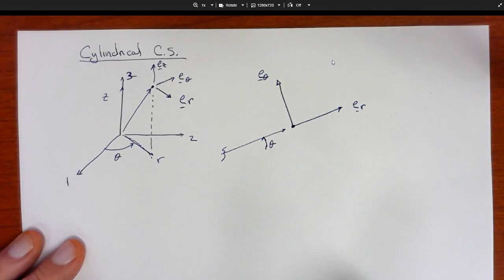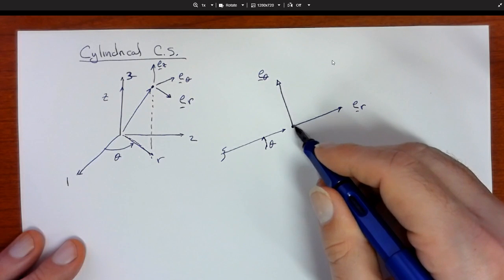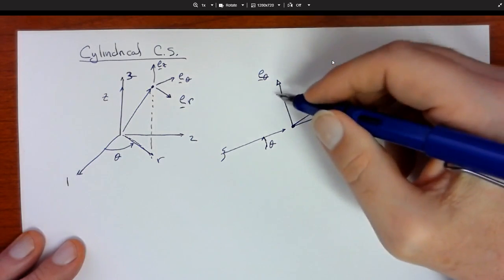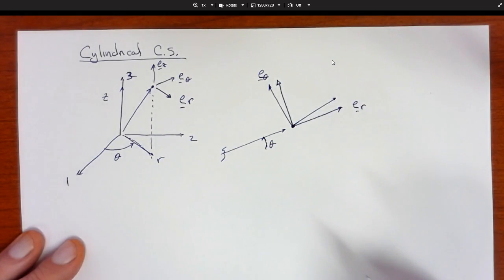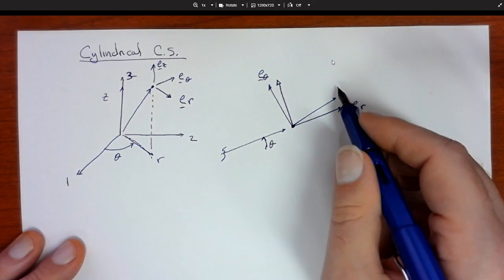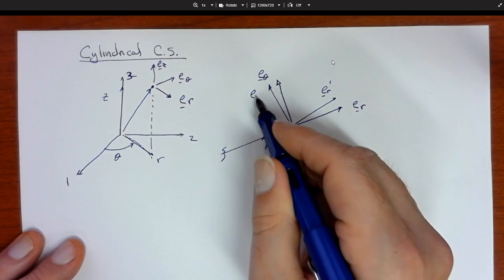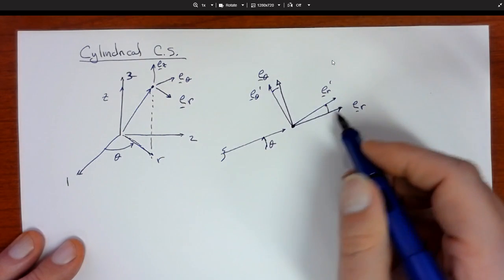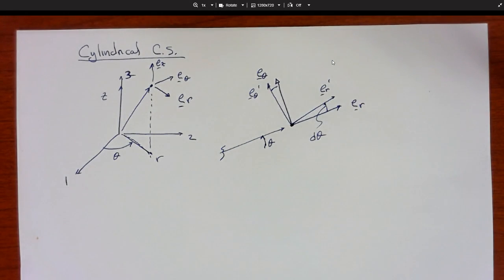If we were to change theta a little bit by some amount, d theta, these unit vectors would rotate. Obviously, they're still going to stay straight, but they're going to rotate. So this is going to be like ER prime and E theta prime. They perturb a little bit, and this angle change here we're going to call d theta, taking d theta as it goes to 0.